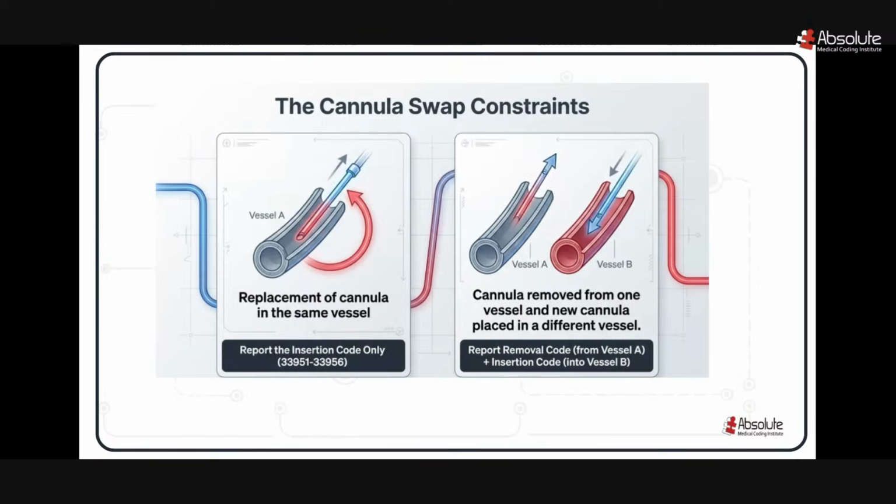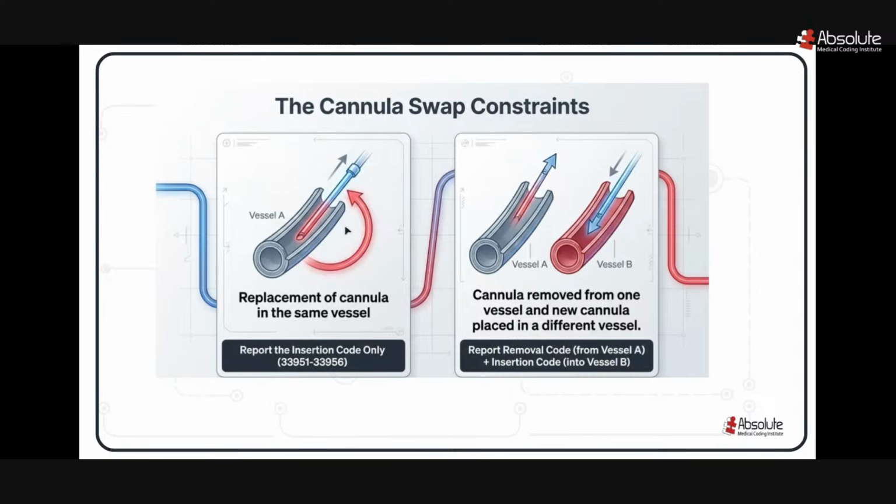If the physician removes a cannula and inserts a new cannula, but both procedures occur in the same vessel, as you can see in the image on the left, the cannula is removed and inserted in the same vessel. In such cases, we don't report the removal code, and we don't report the repositioning code. Instead, we report only the insertion code.